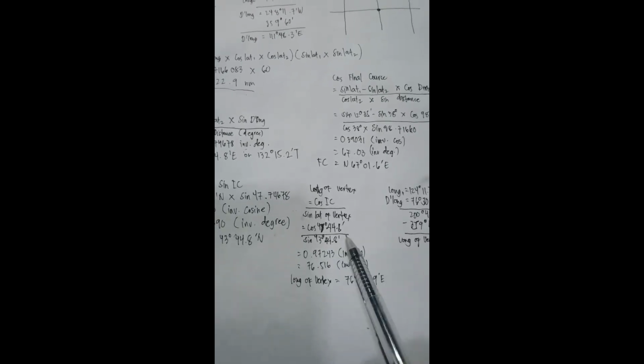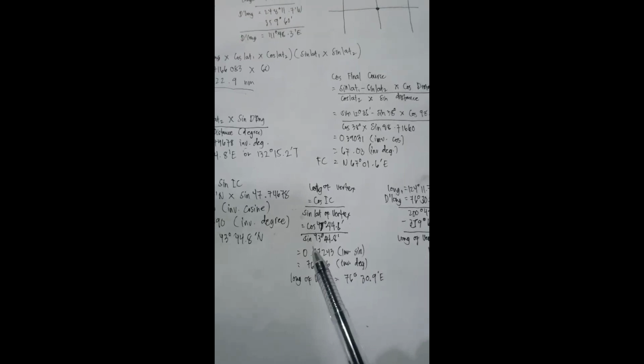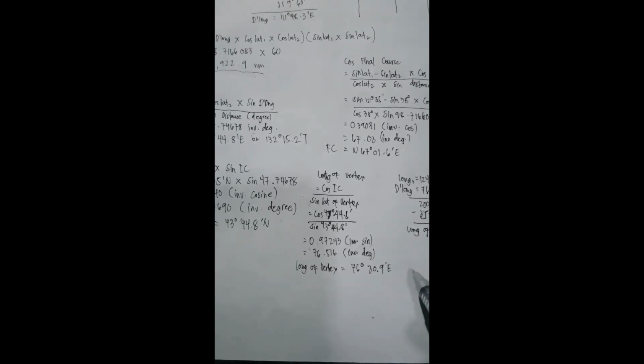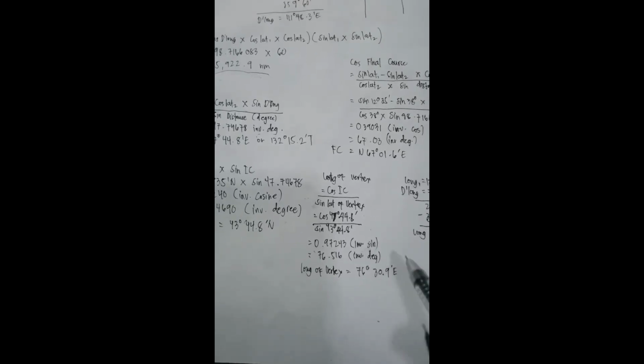So cosine 47 degrees and 44.8 minutes divided by sine 43 degrees and 44.8 minutes. So the answer is 0.9724, and we'll now inverse degree. You will press the shift then the sine button.